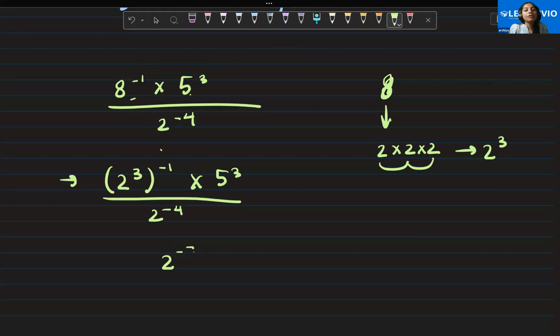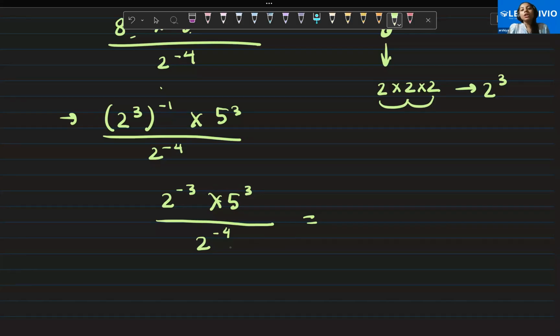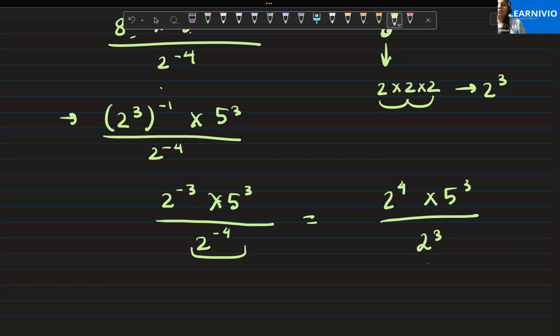So 2 raised to the power of -3 times 5 raised to the power of 3 upon 2 raised to the power of -4. Now, what we're going to do is we will reciprocate both of these twos so that the powers become positive. So this will go in the numerator, this will come down in the denominator. So 2 raised to the power of 4 into 5 raised to the power of 3 upon 2 raised to the power of 3.